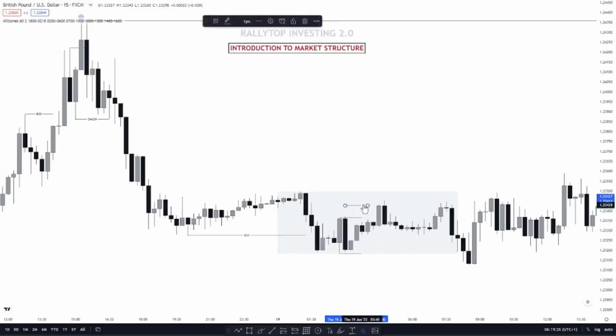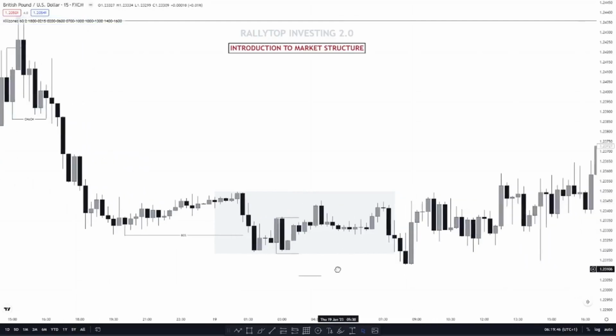Where is the high of that candle? This is the high of that candle, and as you can see, this bearish candle has taken out that high, meaning that this is a valid pullback. All right, so this is our break of structure.